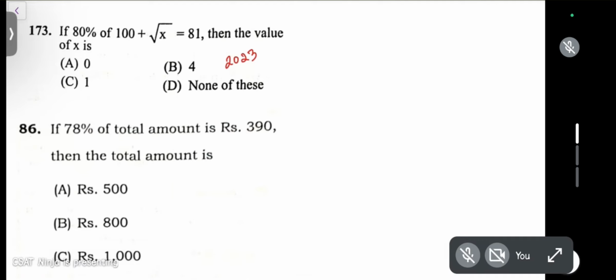So now 80%, I'll just convert directly to a fraction, which is divided by 100, of how much? 100 plus root over x is equal to 81. Now 100 will cancel each other. That means I have 80 plus root over x is nothing but 81.